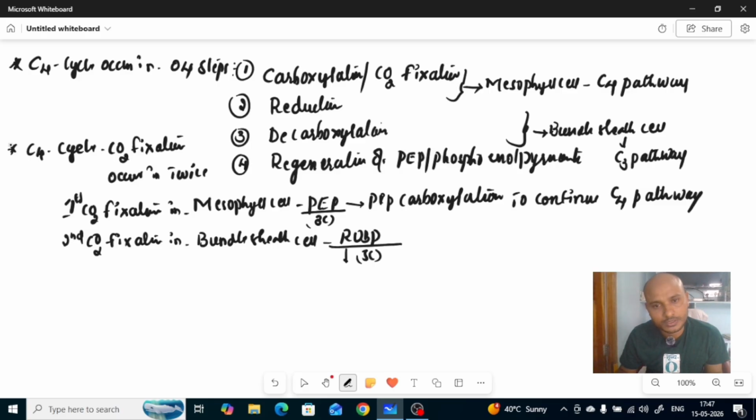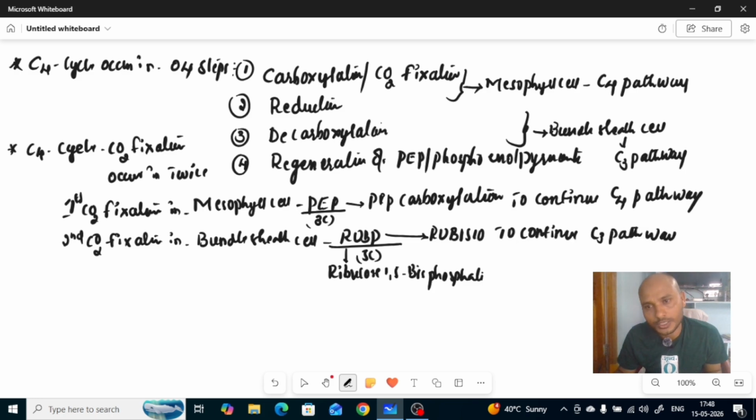RuBP means ribulose 1,5 bisphosphate. RuBP accepts the second carbon dioxide in bundle sheath cells in the presence of the rubisco enzyme. It is the largest and most abundant enzyme in the world. This is to continue the C3 pathway.